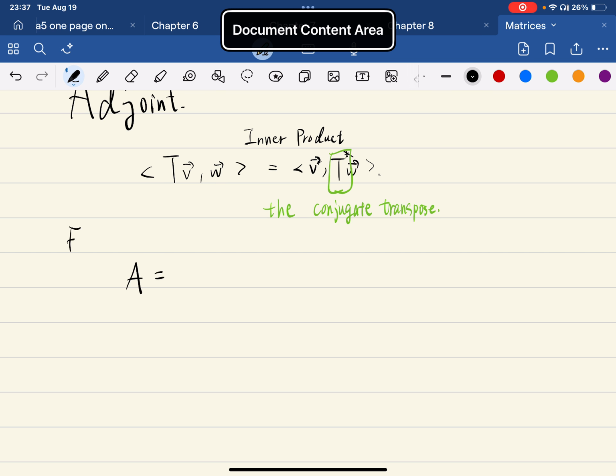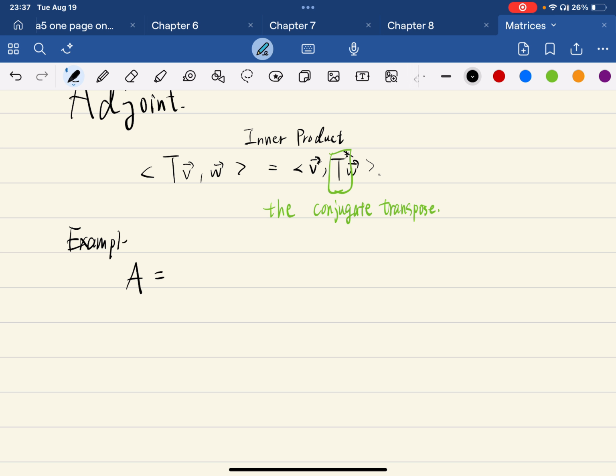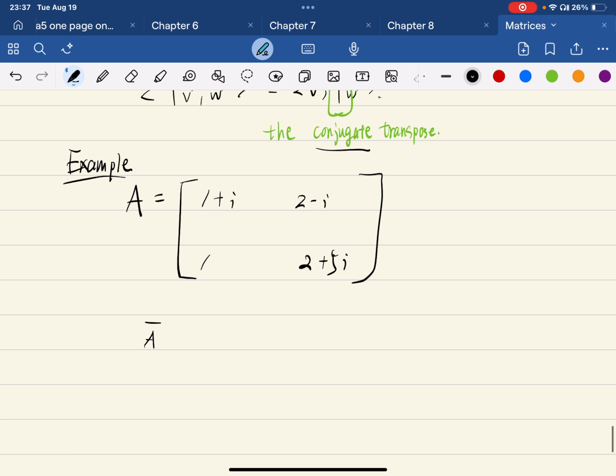A equals... so for this example, the conjugate means we take the conjugate, like plus i to minus i to plus i.